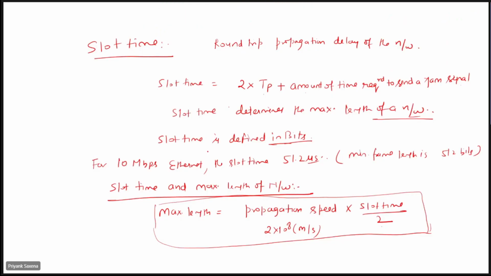See, there can be two conditions. One is under heavy load conditions, one is under light load conditions. So if you choose a slot time which is much higher in heavy load conditions, what will happen? The stations have to wait for a longer period of time.